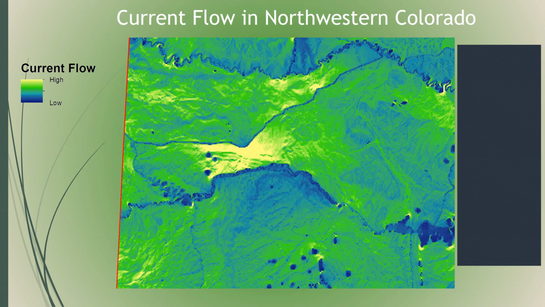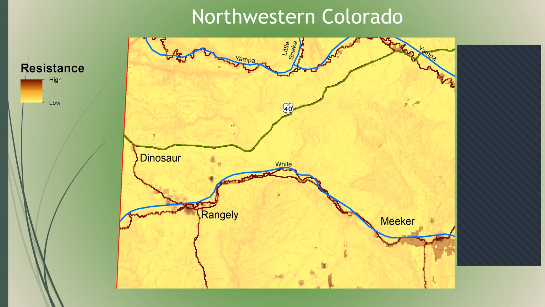And if we look back to the resistance surface, it's pretty clear that it's Highway 40 to the north and the White River and highway along it to the south that are the primary obstacles to connectivity. So wildlife is forced through what is usually referred to as a pinch point there, and blocking it would cause a major loss of connectivity. So that's the kind of information that some of these agencies might use in their planning process.